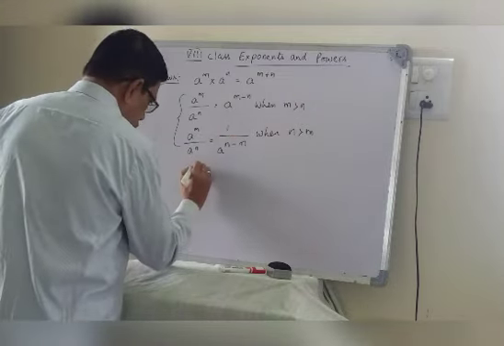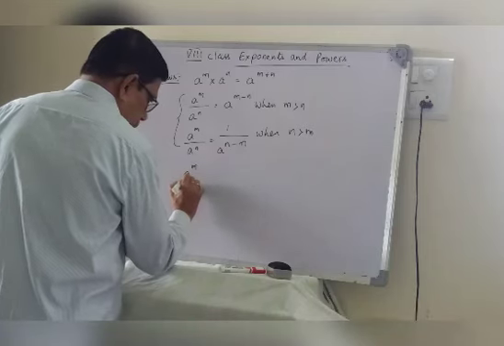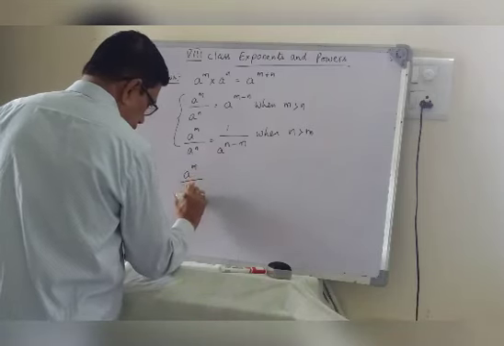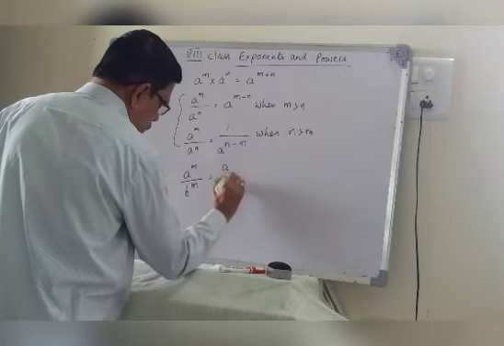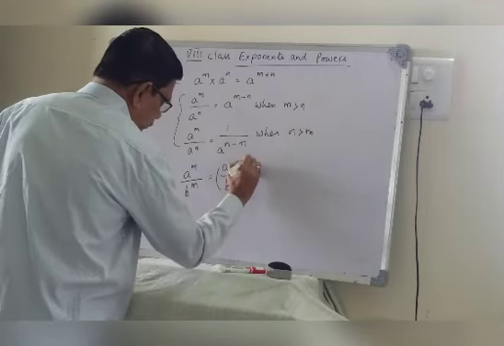Next we take a to the power of m by b to the power of m. We can write this as a by b whole to the power of m.